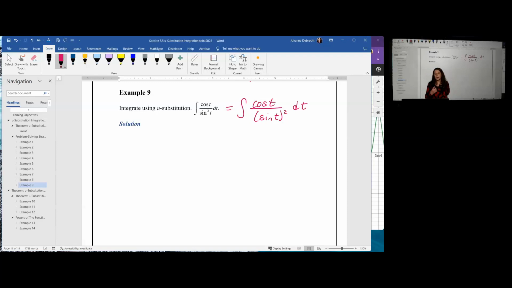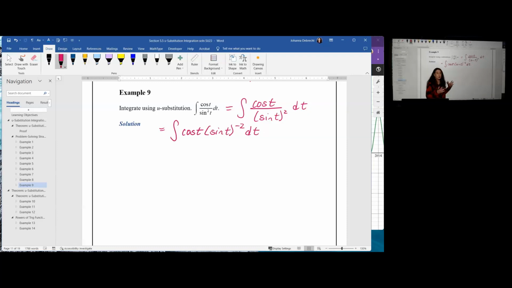In fact, it will be easier on this one if you go one step further and move the denominator factor to the numerator by changing the sign of the exponent to write it as cosine t times quantity sine t raised to the negative 2 power dt.